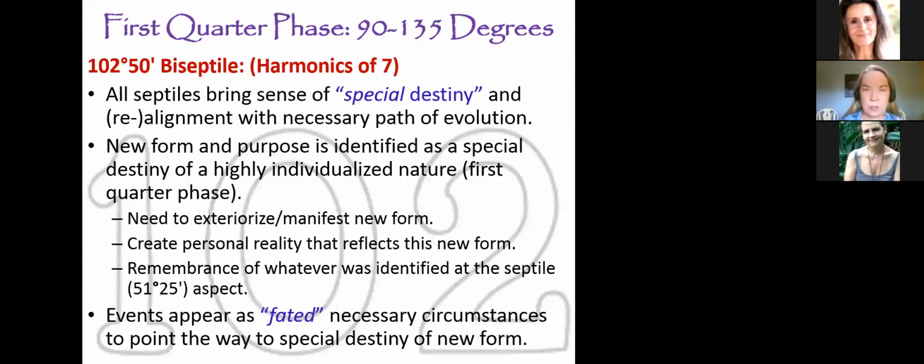And so remember these two key phrases that I have in blue on the screens here. All of the septiles will give a sense of a special destiny that we have to fulfill.